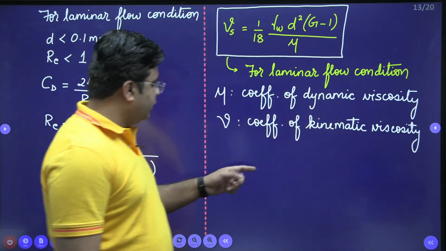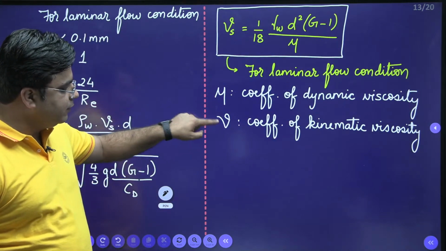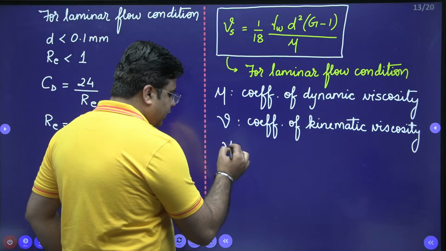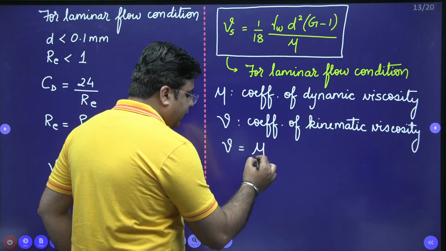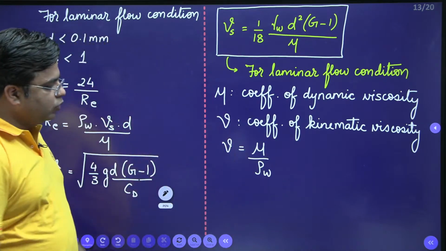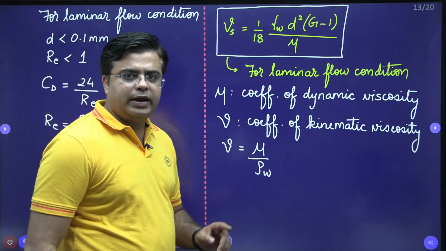Instead of giving mu, they give nu. Now, how to deal with this? Nu is equal to mu by rho w, right?